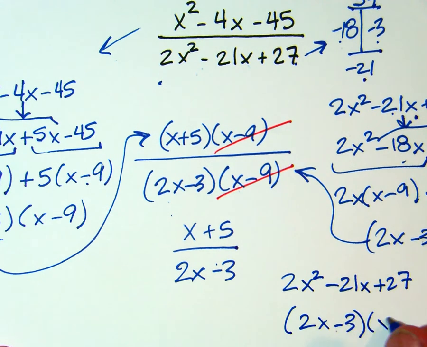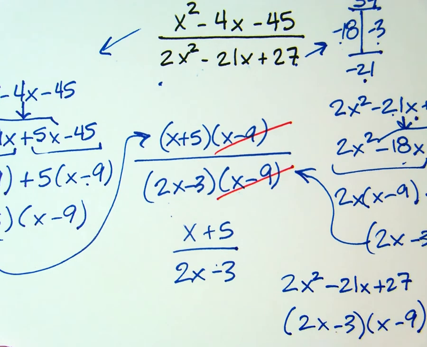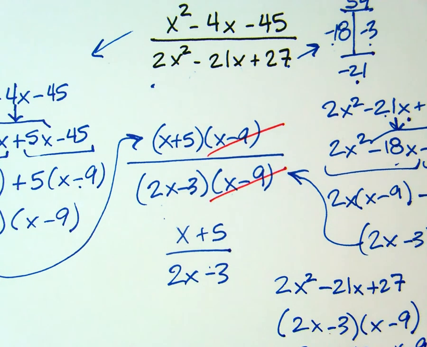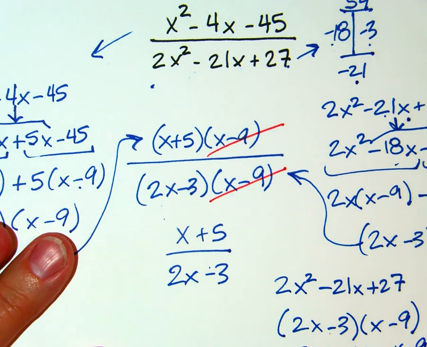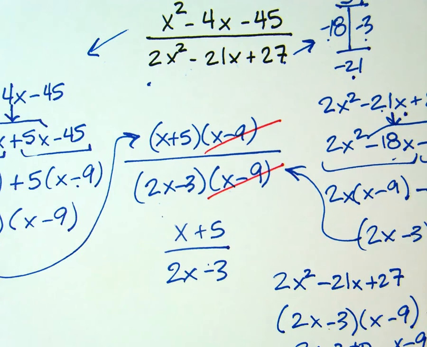That doesn't change it, it just rearranges it. And I know that that can't equal 0. So 2x minus 3 can't be 0, and x minus 9 can't be 0. This means that x cannot be 3 over 2, or x cannot be 9. That's my two excluded values.